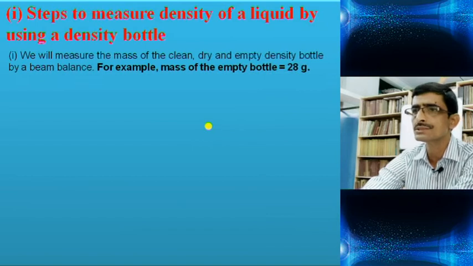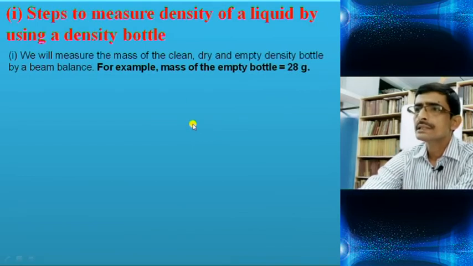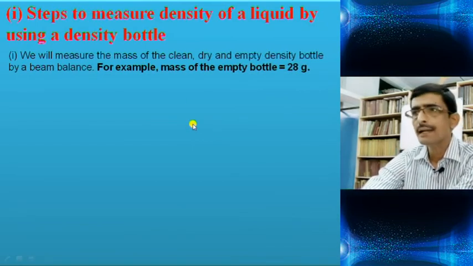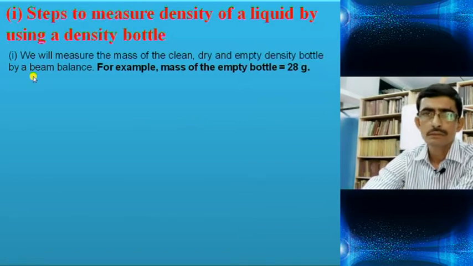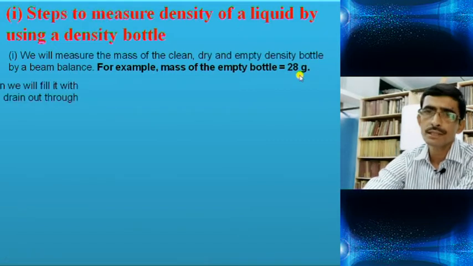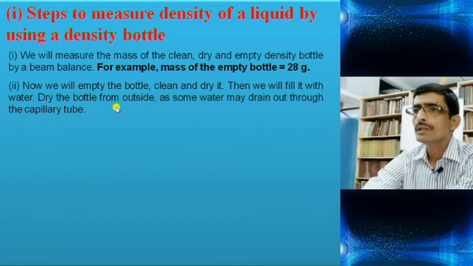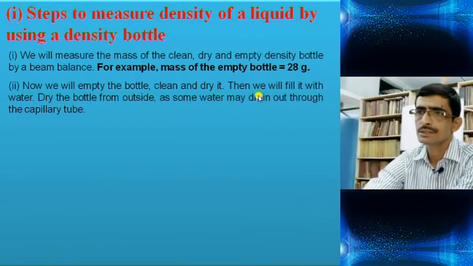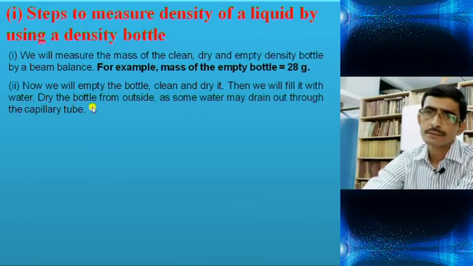First step: we will measure the mass of a clean, empty and dry density bottle. Very easy, by a beam balance, because it is a solid substance. Let the mass of this bottle be 28 gram. Now we will fill this bottle with water.